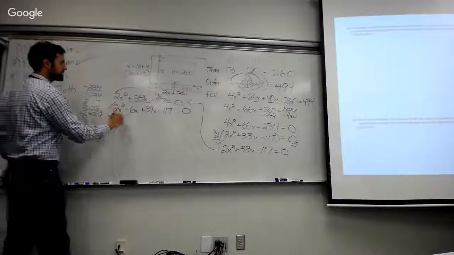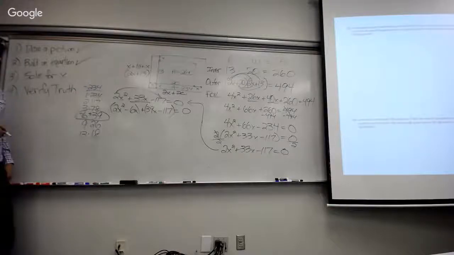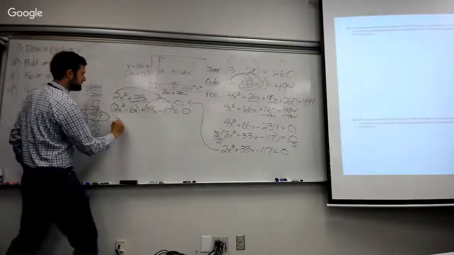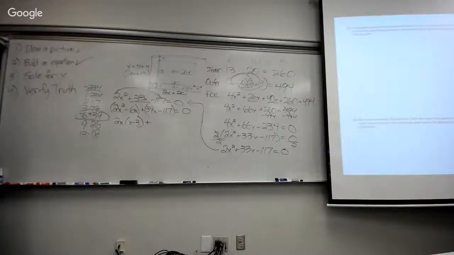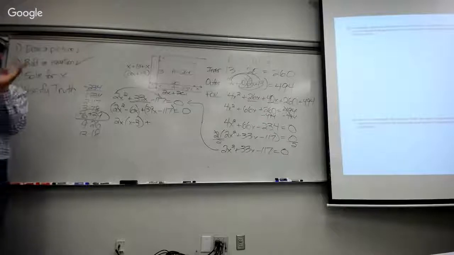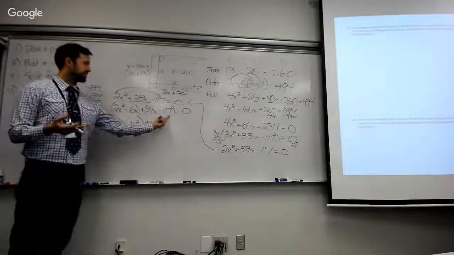And then we factor by grouping. What comes out of 2x squared minus 6x? 2x. Yeah, just a 2x. That leaves us with an x minus 3. And then what comes out of 39x and 117? Right now, if you don't know what goes out of 39 and 117, what would you try first? Be optimistic and try 39. Just try dividing the bigger number by the smaller number.